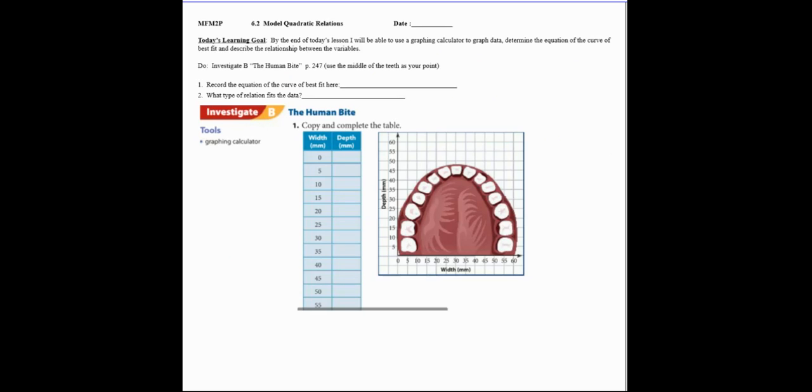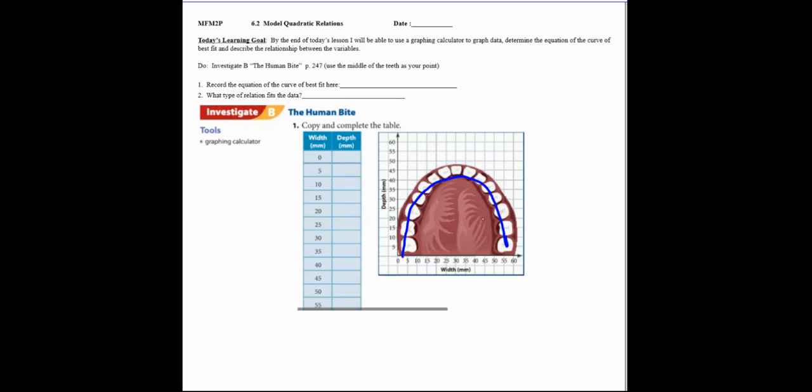So here we have a model from a textbook, and it's kind of like the human bite there. We can already see this pattern. It kind of looks like those U-shaped measurements. So what we're going to do here is record the equation of the curve of best fit, but we can't just do that.